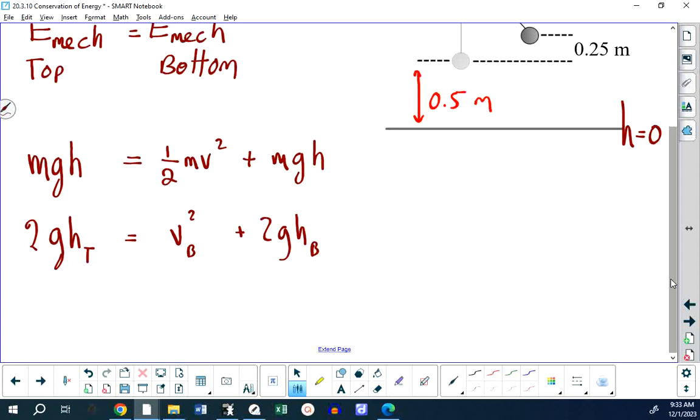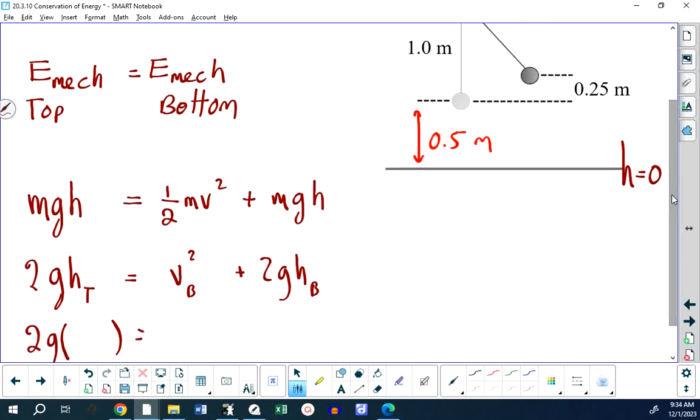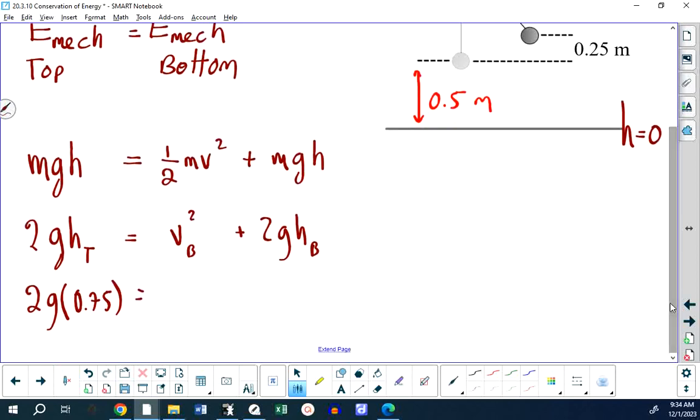So what you're going to put here is 2 times g. Now, what is the height at the top? Well, the height at the top is 0.75. Okay. So you're nodding, so you're fine with that. I'm going to leave the units out because I want to talk about the math of what's going on here. Okay. And then over here, you're going to have v at the bottom squared, and that's our goal, v at the bottom, plus 2 times g times the height at the bottom, which will be 0.5 meters, right?